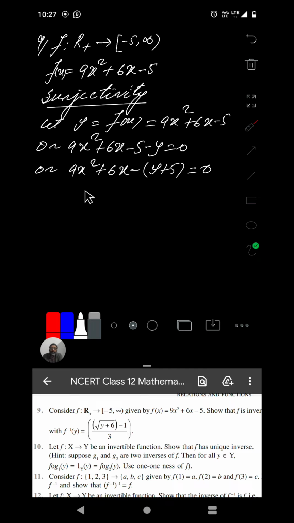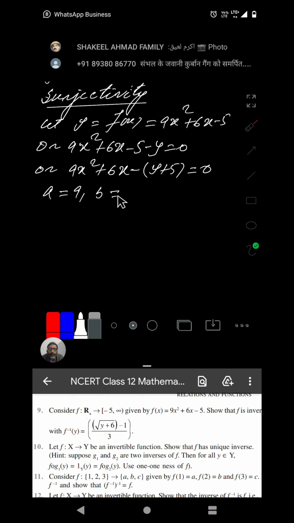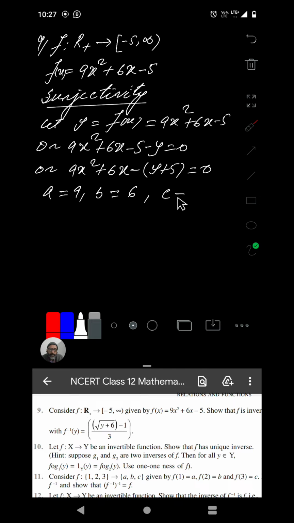So this is a quadratic equation in x where a, the coefficient of x square, is 9, b, the coefficient of x, is 6, and c, the constant term, is minus (y plus 5), in order to establish a relation between x and y.